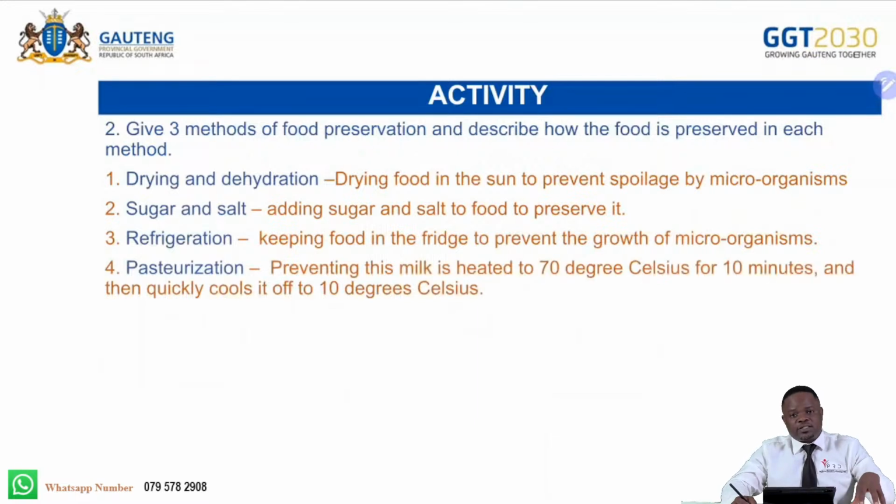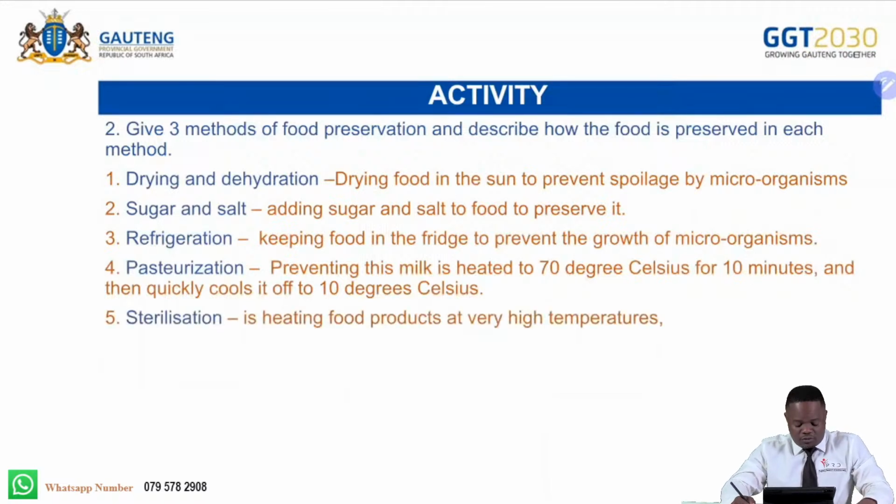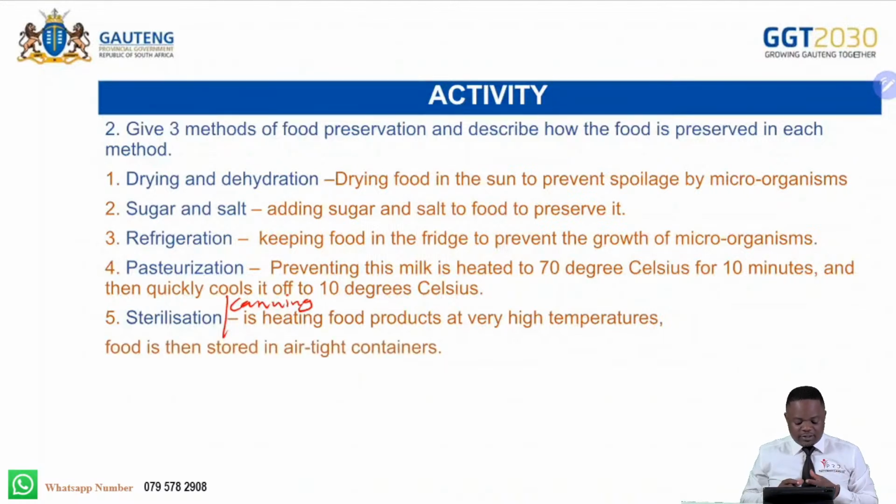And then we spoke of pasteurization. We say think of milk. You boil the milk, you cool it. The boiling, remember we said that kills our microorganisms. Then we spoke of sterilization in line with canning there. Okay, remember sterilization, it involves the heating of our food products to high temperatures, and then you can put them in airtight containers.